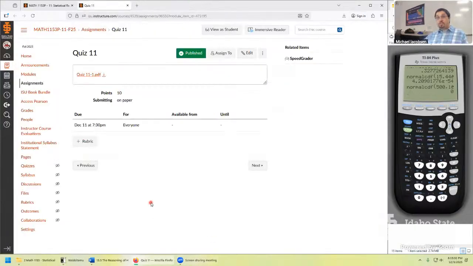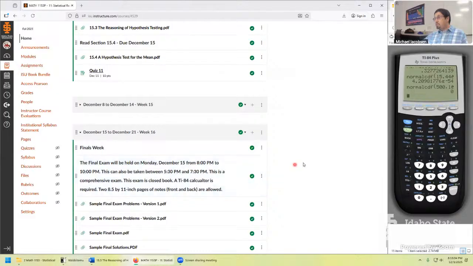Practicing these problems will get us in pretty good shape for when we see really just two inference problems on the final exam. There's going to be one confidence interval, either categorical or quantitative. There'll be one hypothesis test, either categorical like 15.3 or quantitative like 15.4.